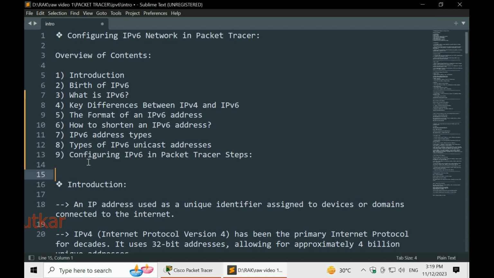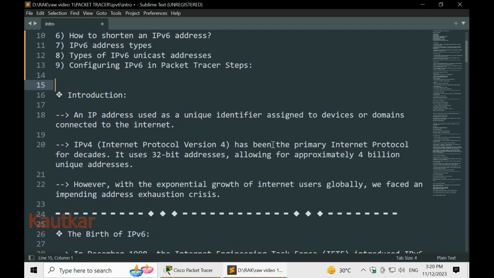In the past few decades, primarily IPv4 has been used for assigning IP addresses to computers. IPv4 uses 32-bit addresses, and its address space gives approximately 4 billion unique addresses available for use.